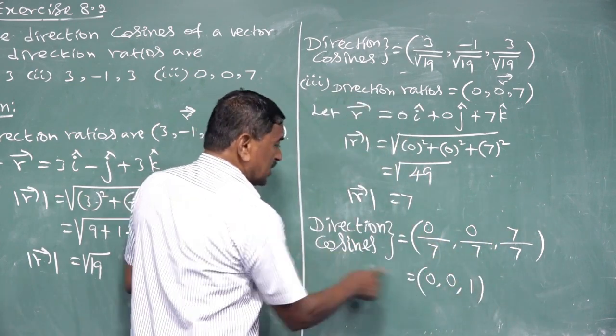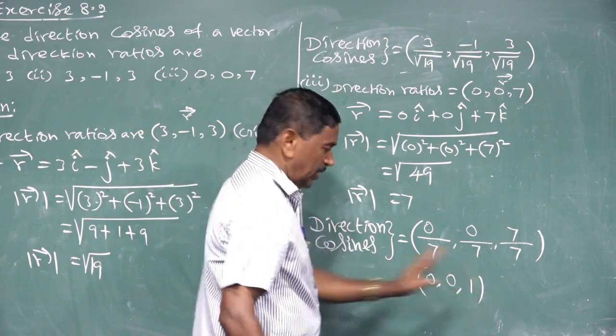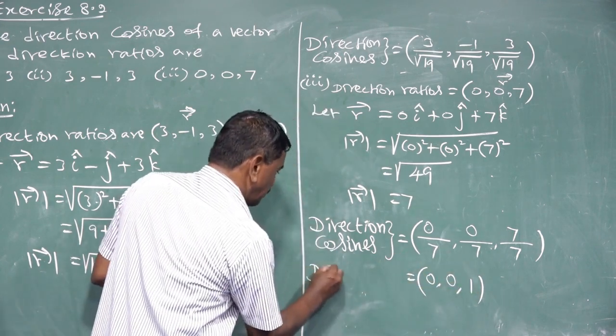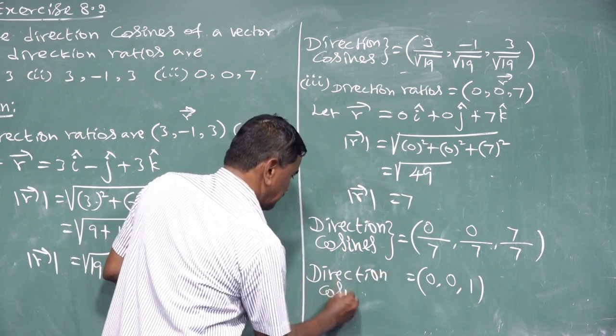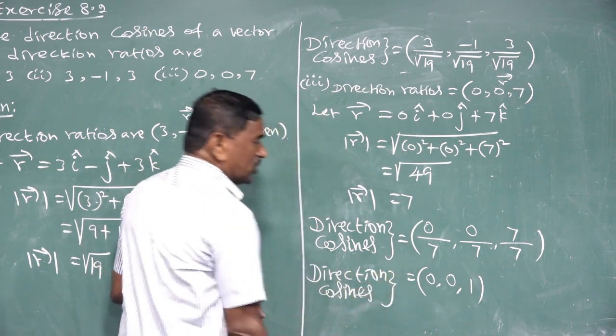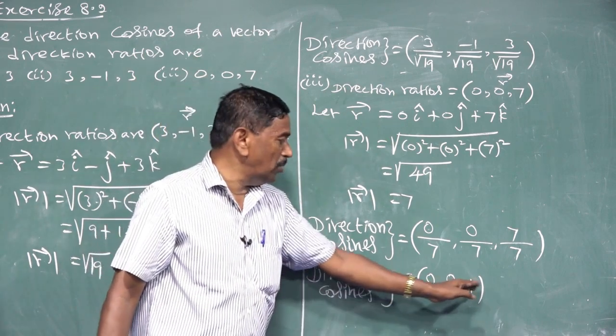Therefore, direction cosines equal to 0, 0, 1.